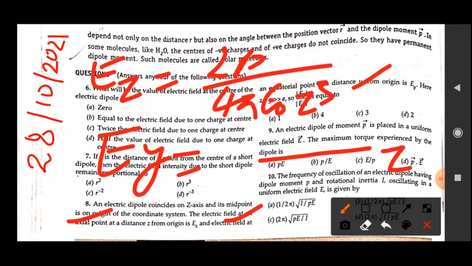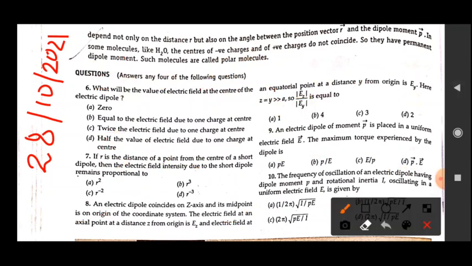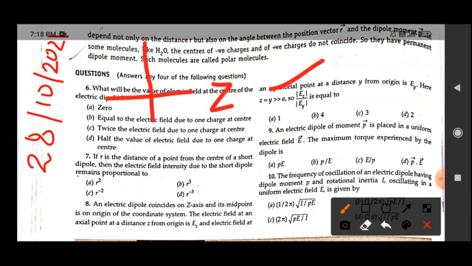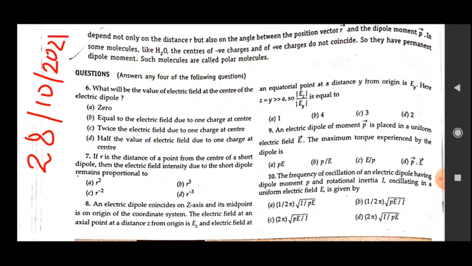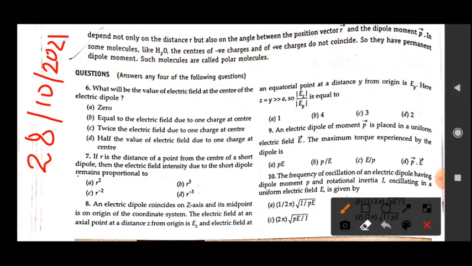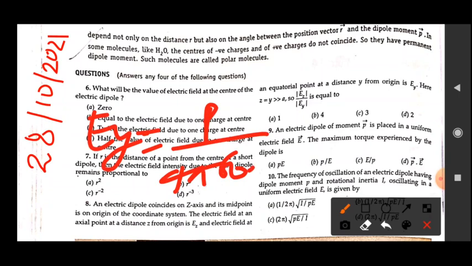So for the equatorial point, let me just rub this one first. Again we can make it here, this is our z, and along this you can see this is the equatorial point. This is the line that we are drawing from the origin. At this point we have this y direction. As you know, along the equatorial points the electric field for the short dipole is Ey, equal to p upon 4 pi epsilon 0 y cube, where the 2 will not be there, so you have now corrected that one.